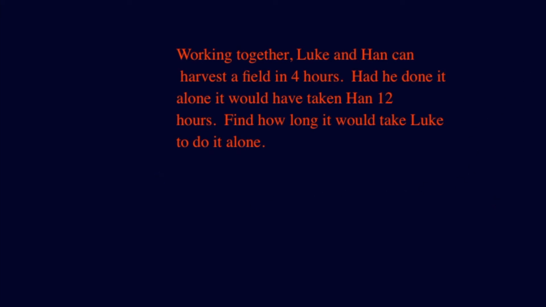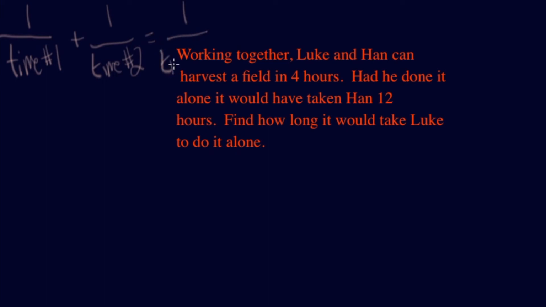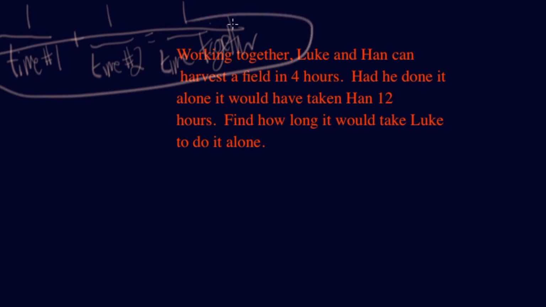Well, a little reminder that these questions use this formula, 1 over time of person number 1 plus 1 over the time of the person number 2, and then 1 over the time together. So time together. So one of these bottom parts is going to be x.